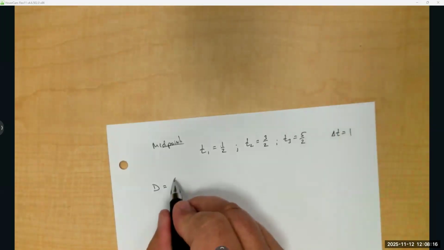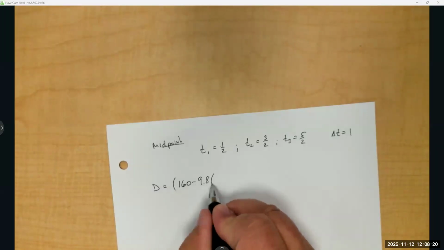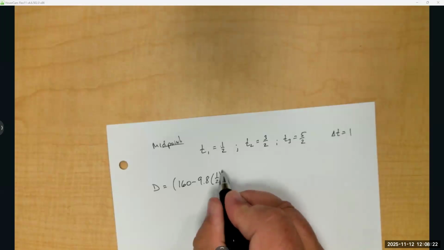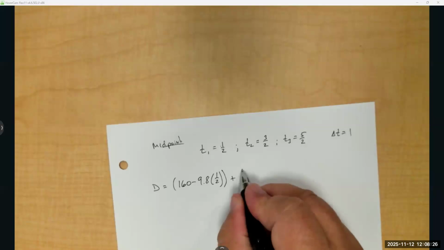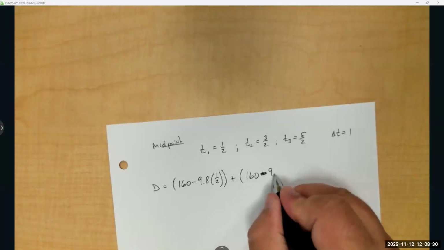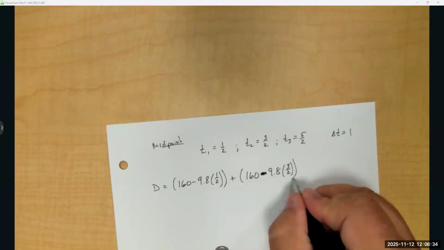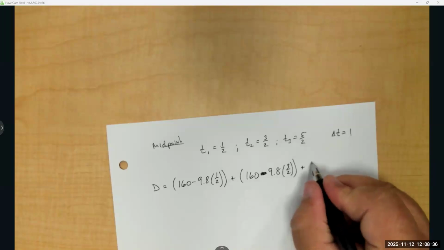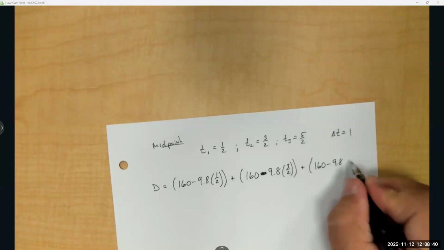So it's still going to be 160 minus 9.8 times 1/2 times 1, 160 minus 9.8 times 3/2, 160 minus 9.8 at 5/2.